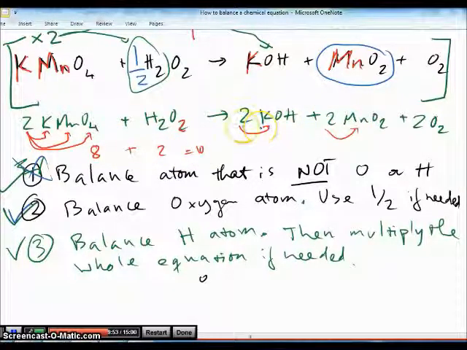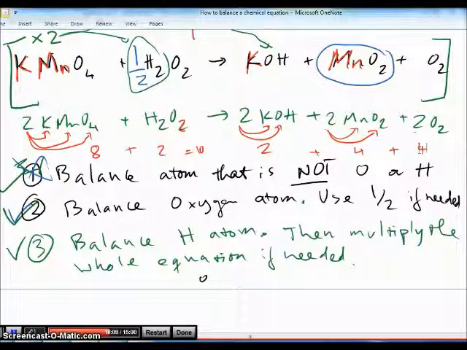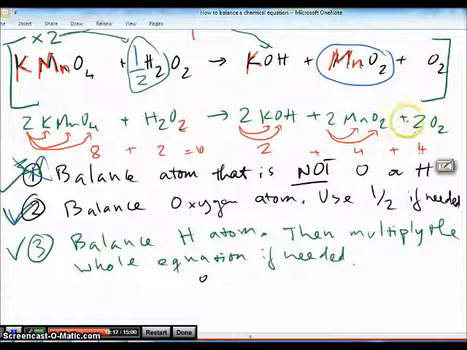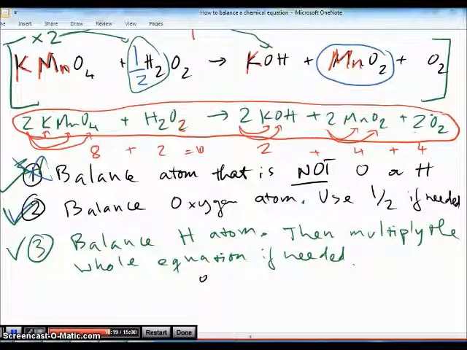Is it 10 oxygen over here? 2 oxygen over here. 2 multiplied by 2 is 4. 2 multiplied by 2 is 4. 2 plus 2 plus 2 plus 4 plus 4 is 10. Okay, so it works. So this is your final equation right here. Pretty complicated, huh?